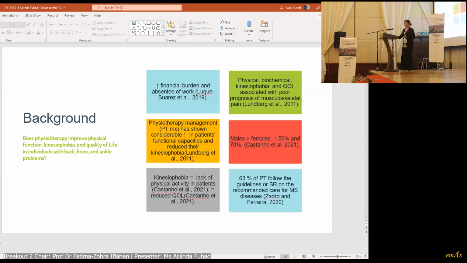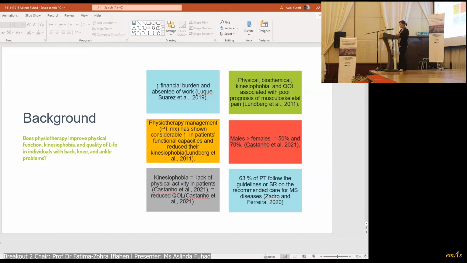Okay, so this is my background. Why is it very important to understand physiotherapy management in improving physical functions, kinesiophobia and quality of life? Because when patients have pain, reduced physical functions and kinesiophobia, it increases the financial burden and absenteeism from work.